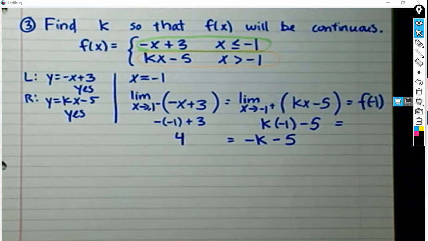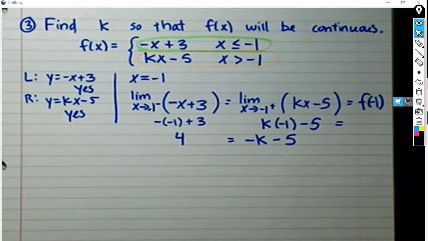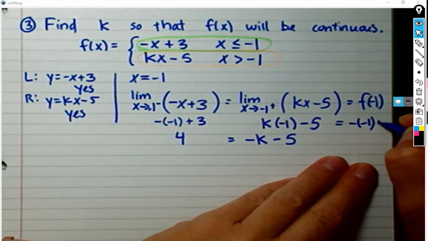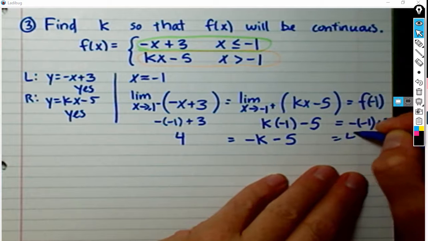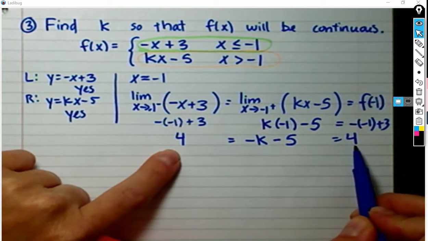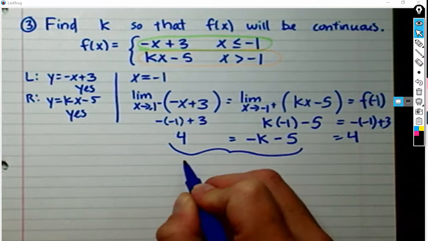All right, I'll take a hand this time. f of negative 1. Green or orange, and what do you get? Zeta? It's green, so it's the same. All right, guys, put it together. Obviously, these two 4s are the same, so I'm just going to look at this side right here.